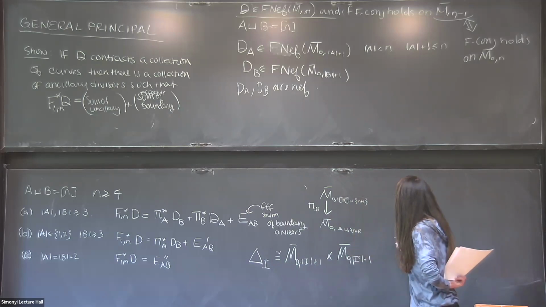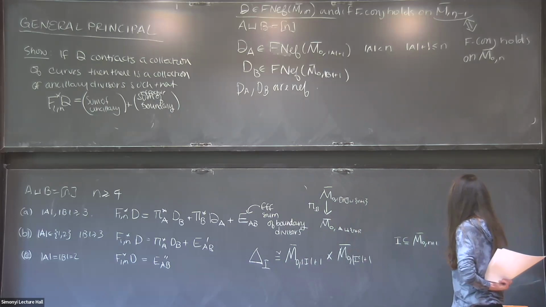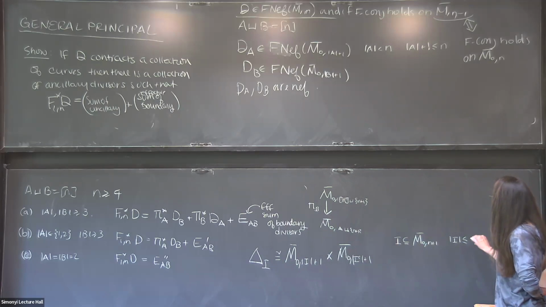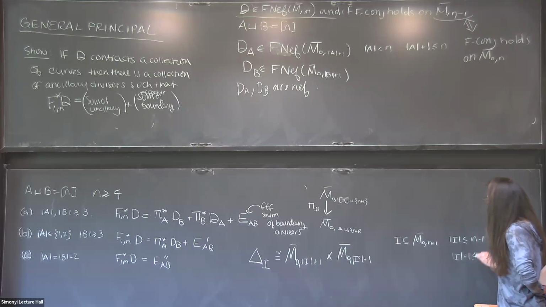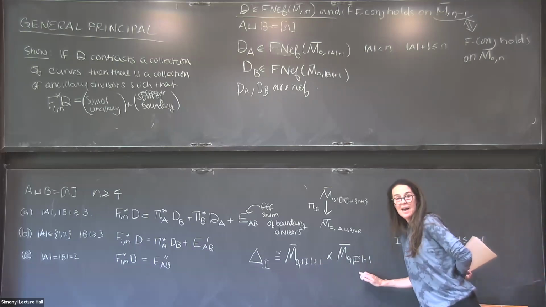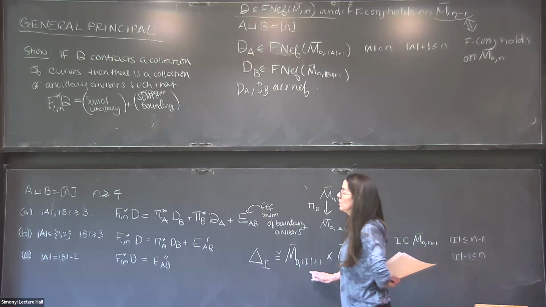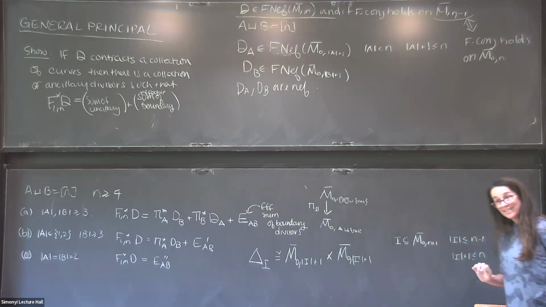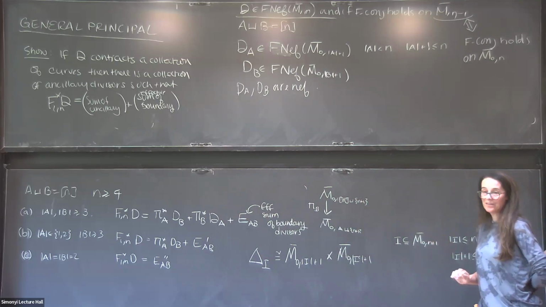And now this I is in M0,n+1, and I and I complement have to have at least 2 elements. So the order of I has to be less than or equal to n-1. So the order of I+1 is less than or equal to n. So when you restrict back to these, you have the F-conjecture there. So you won't find such a curve when you do that restriction. So if you can write it like this, then that divisor is nef. And that's the idea, okay? So that's the general approach. In this case, that's how it's carried out.